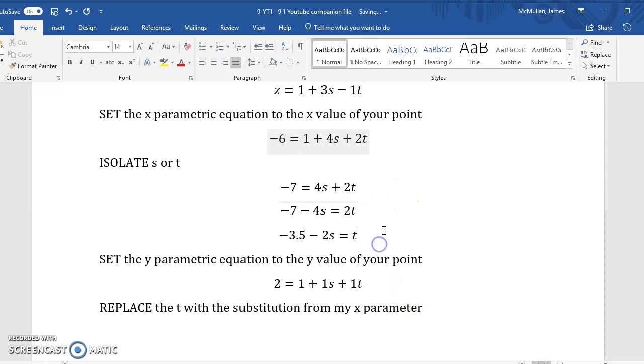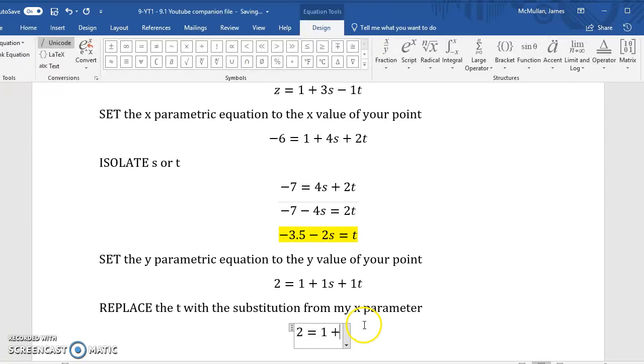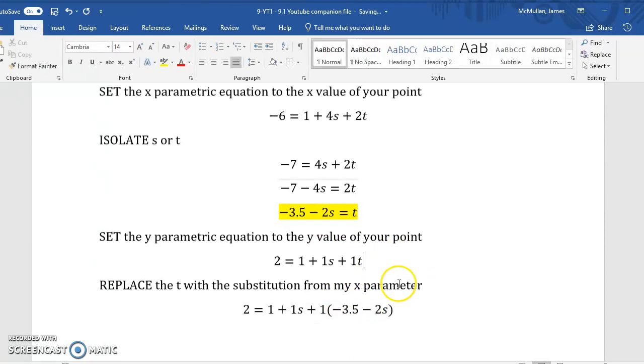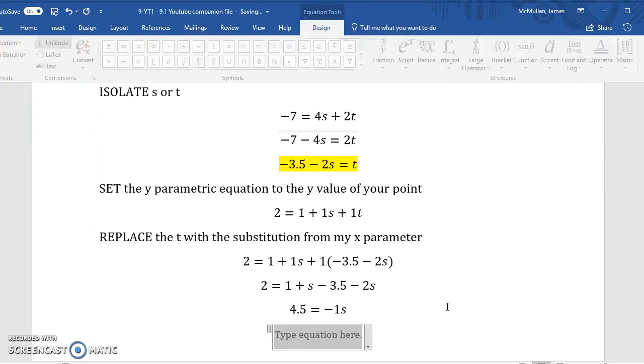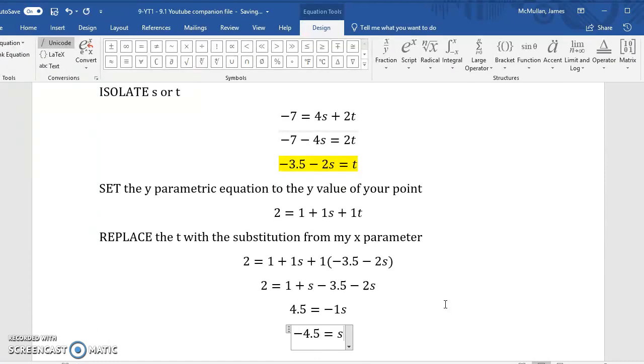So what I mean here is I'm just talking about this equation here. And so we're going to go 2 is equal to 1 plus 1s plus 1 times this parameter, -3.5 minus 2s, right? So I just stuck that in instead of t. What this now lets me do is create an equation, 2 equals 1 plus s minus 3.5 minus 2s. And I can generate the equation 4.5 equals -1s. And thus -4.5 is equal to s.